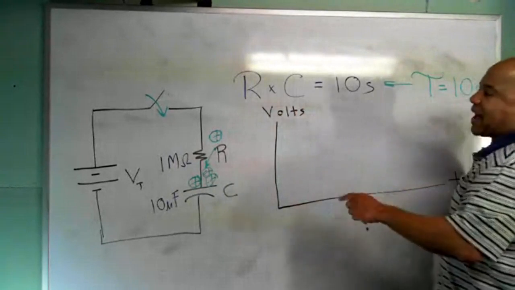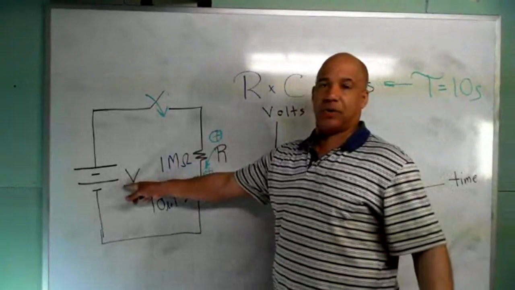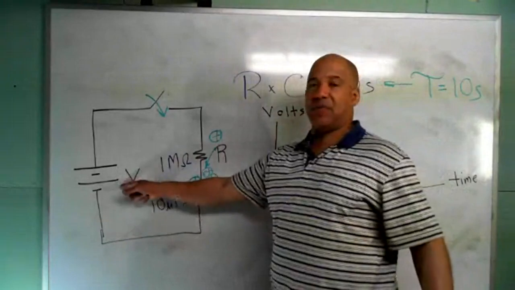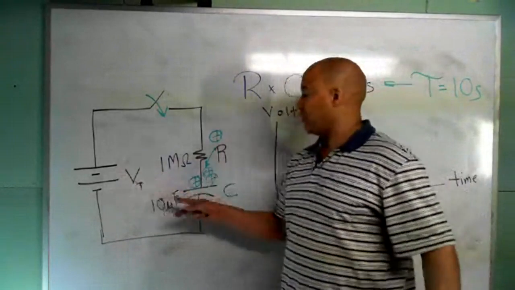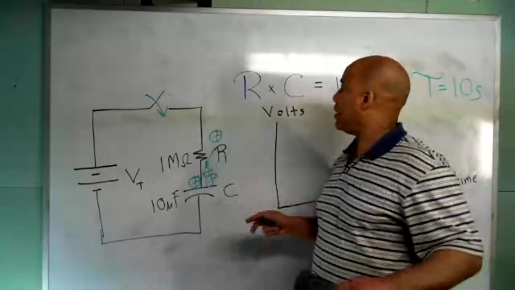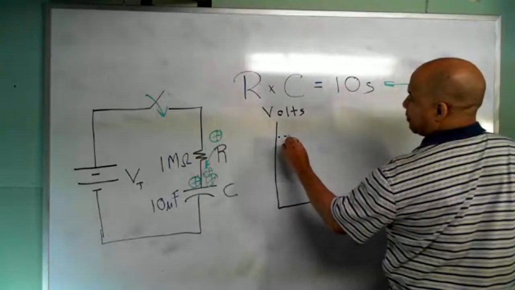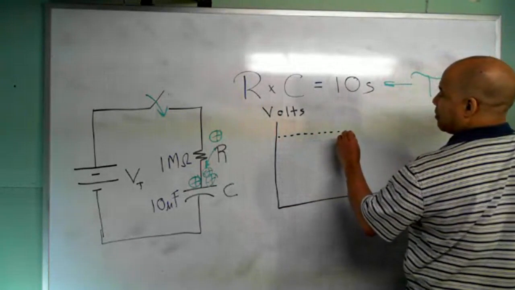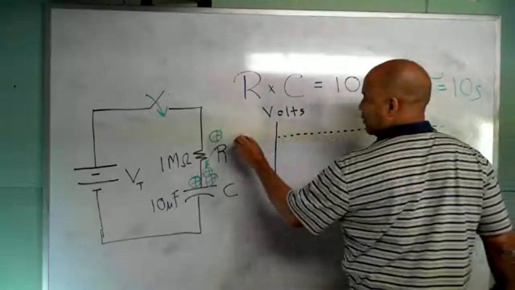Now, when I have a capacitor, this capacitor can't charge any higher than this voltage source. We said this was 10 volts, so this can only charge up to 10 volts. If this was 100 volts, this can go up to 100 volts. It can't get any higher than the source voltage. So let's say that this line right here represents the total voltage.